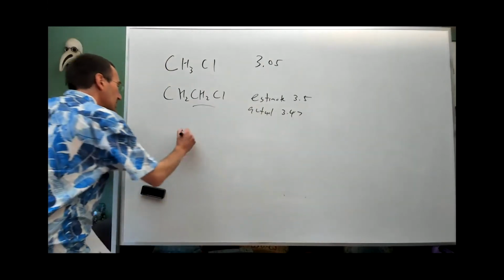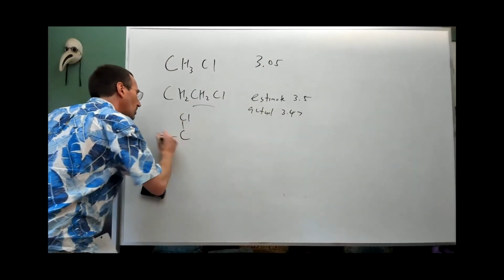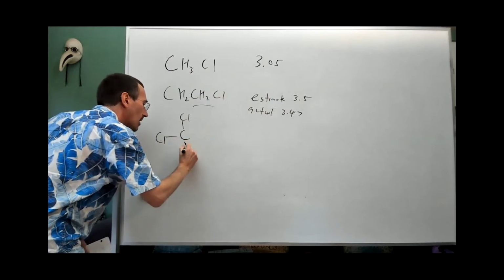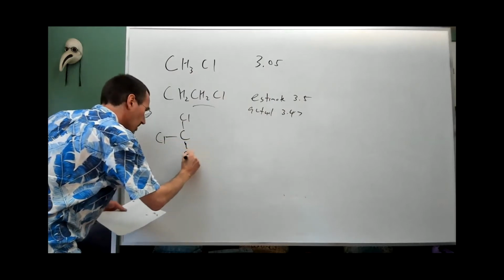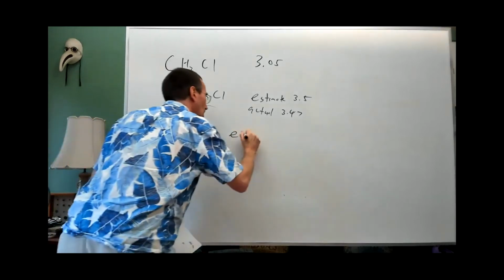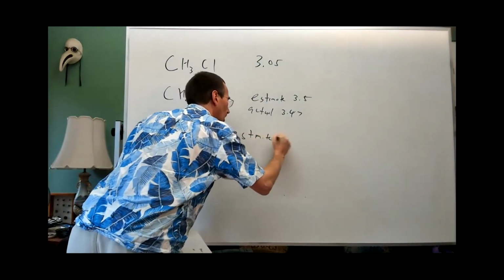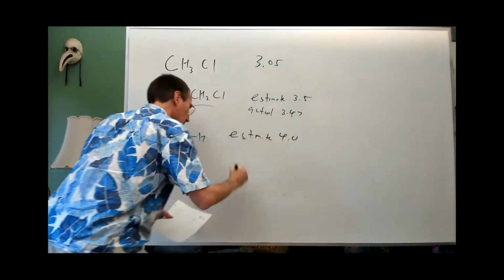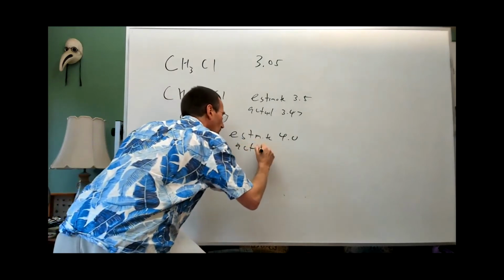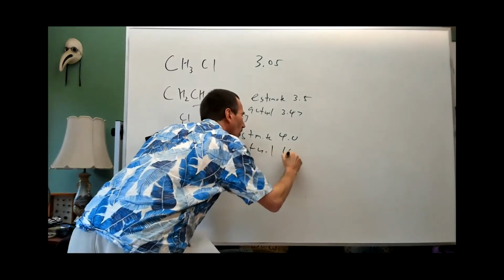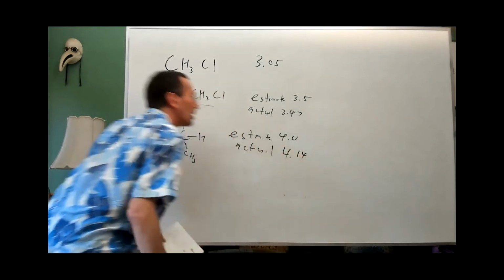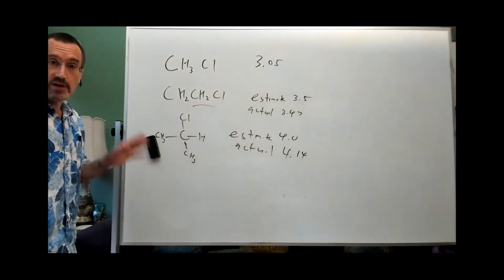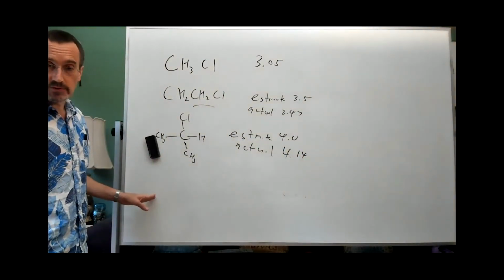And what would we estimate for isopropyl chloride then? Roughly 3.9 or 4. We could say 4. Yeah, exactly. You'd estimate 4. And your actual would be 4.14. Good enough. You can read that spectrum.